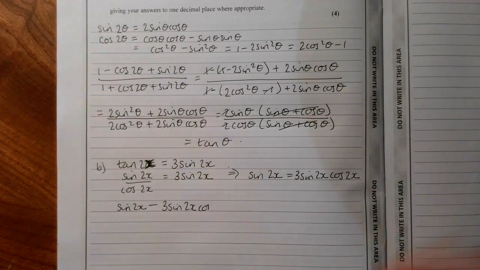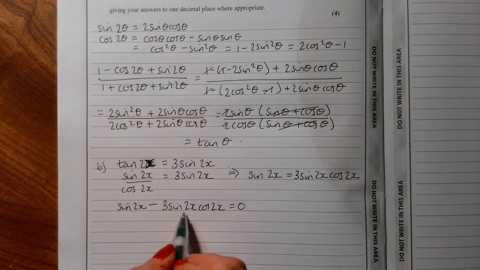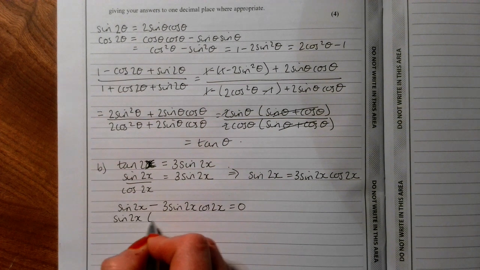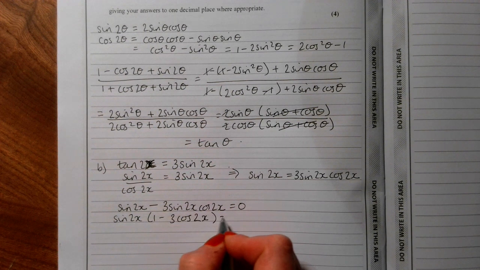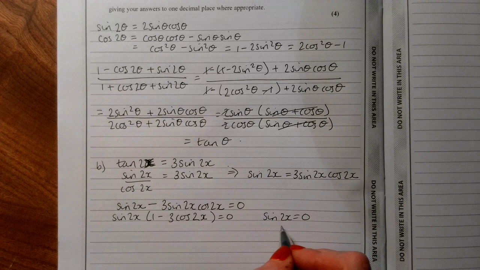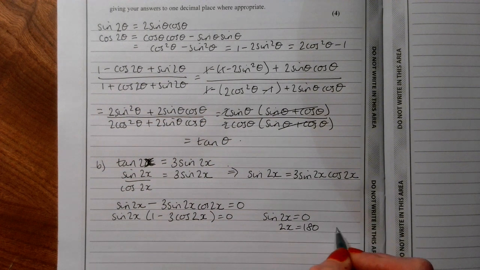Sorry, I'm slightly off the page there. And now I'm going to factorise. I've got sine of 2x as a common factor.